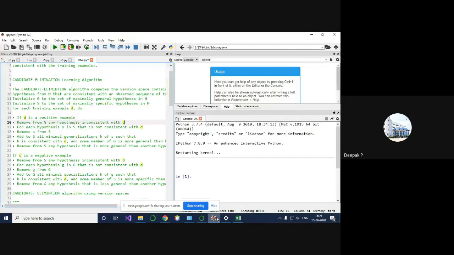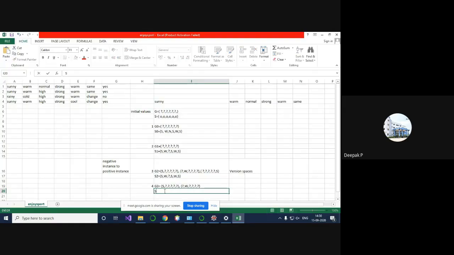Okay. So after removing those data which are inconsistent with the instance, for each specific hypothesis that is not consistent, remove S. So when I want to take S3, I need to check the earlier instance. Earlier instance, what I had: Sunny, question mark, question mark. So when I compared Sunny with this instance, there is no change, so I should retain it as it is.